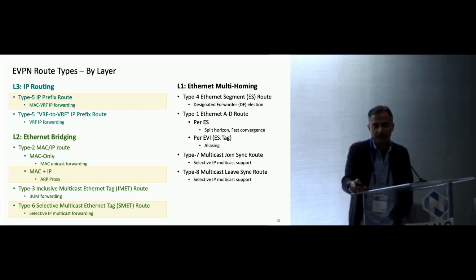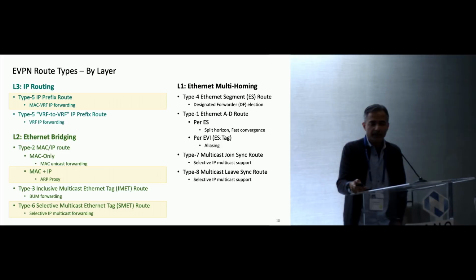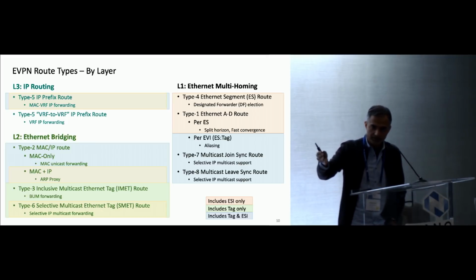Now, the last category of routes is the L1 routes. This is unique to EVPN. It actually trades routes that are basically about the interfaces. Yeah, there is some additional detail which I'm not going to cover here, but as you can see, in EVPN there is L1 all the way to L3, right?